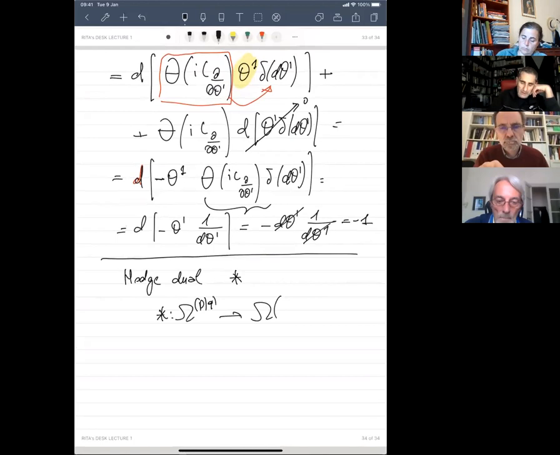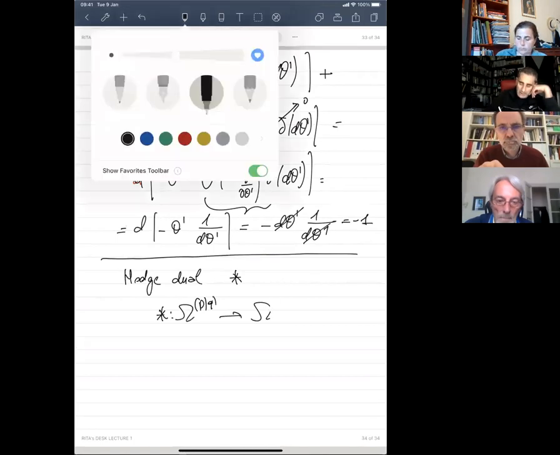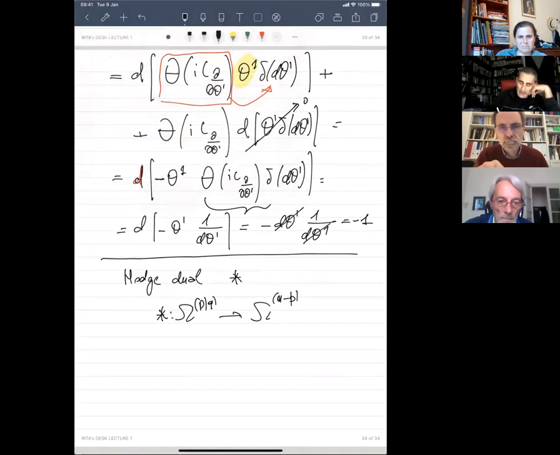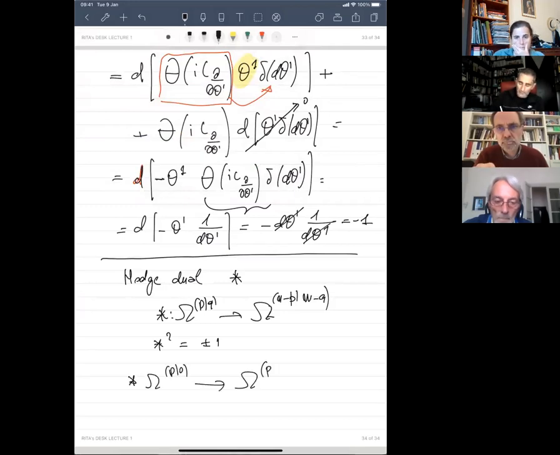This means it gives (n-p, m-q) pseudoforms. We worked this out with Roberto and Leonardo Castellani. It is an involution operator, which squares to plus or minus 1. It is well defined. For example, it maps superforms into integral forms, and back, of course, because it's an involution. It maps pseudoforms into pseudoforms.